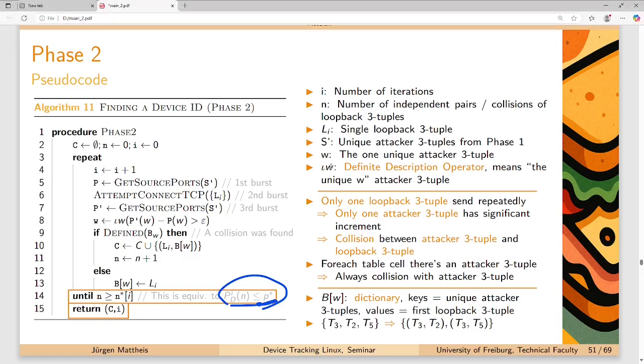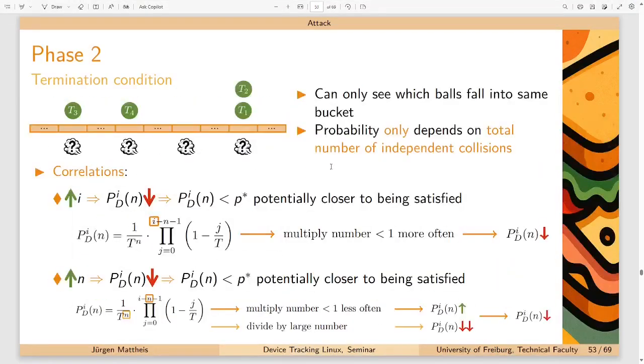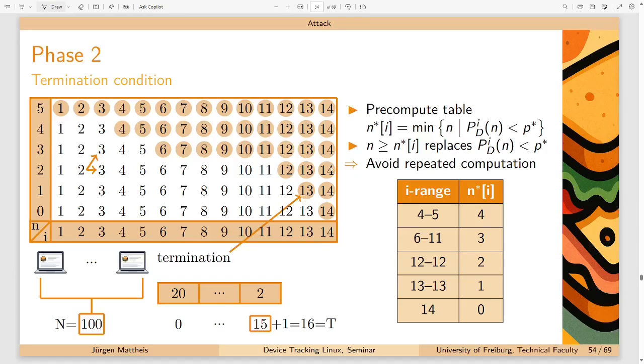And what they use is a so-called n star table, which they construct to collect the minimum value of n that satisfies this condition.